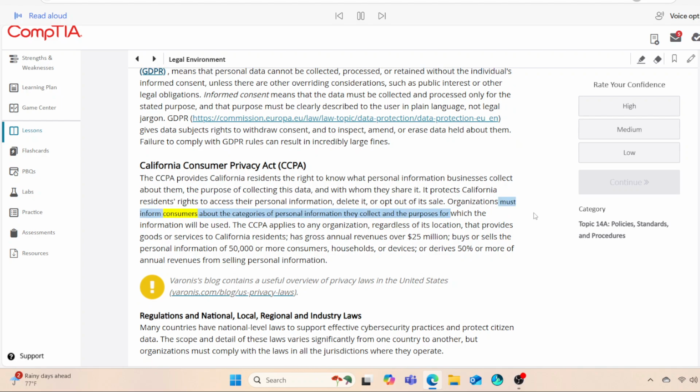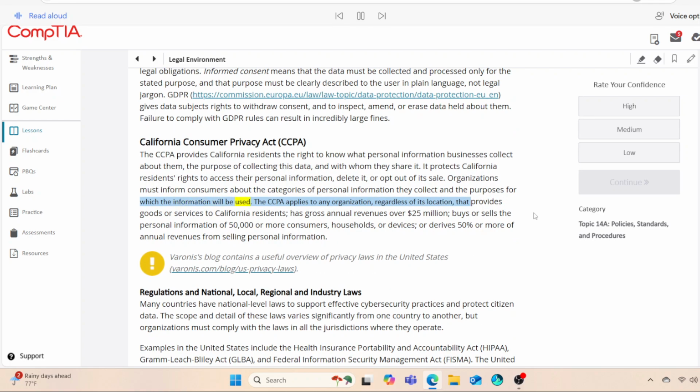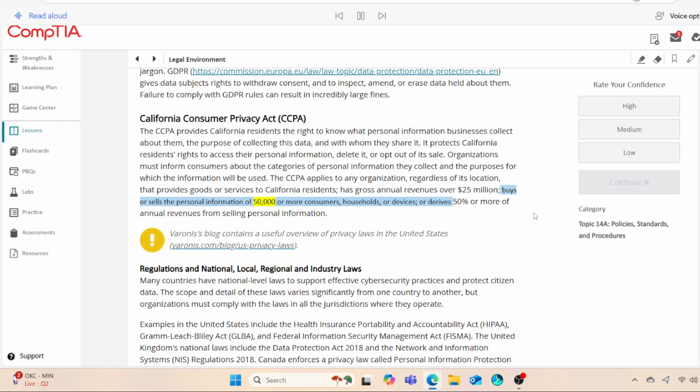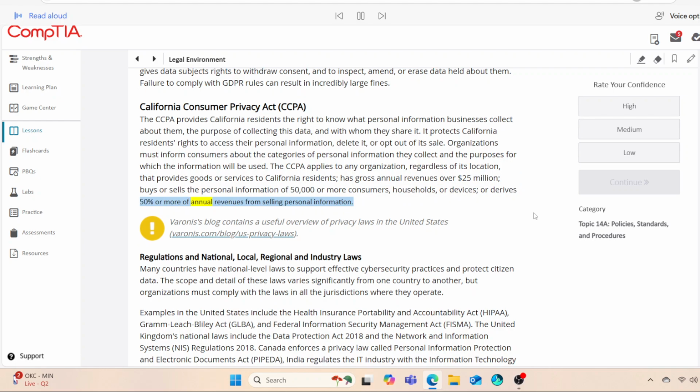Organizations must inform consumers about the categories of personal information they collect and the purposes for which the information will be used. The CCPA applies to any organization, regardless of its location, that provides goods or services to California residents, has gross annual revenues over $25 million, buys or sells the personal information of 50,000 or more consumers, households, or devices, or derives 50% or more of annual revenues from selling personal information.